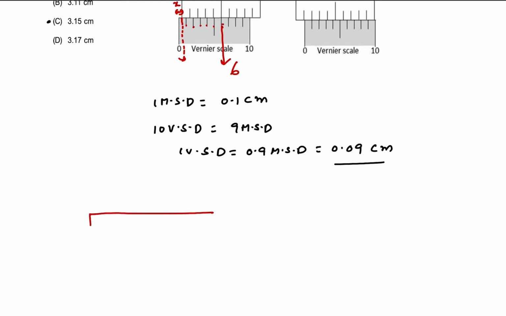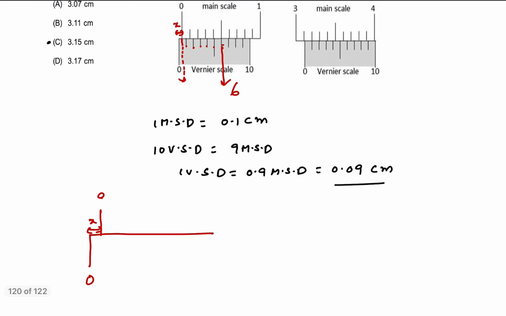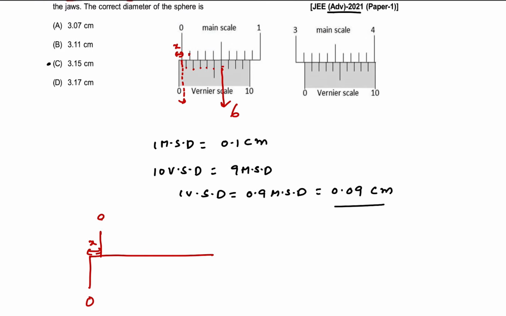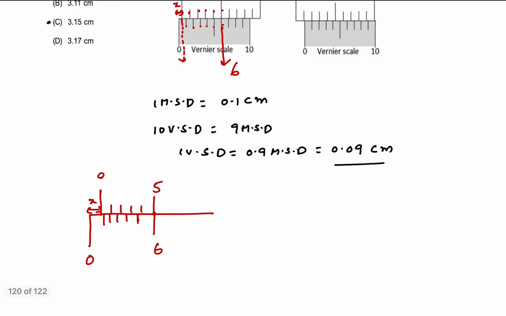I will draw the diagram here. This is my 0. This is actually 0 of the vernier scale, main scale, that is x. Now you can see how many divisions are there in total. 1, 2, 3, 4, 5. These 5 divisions are coinciding with some divisions. 1, 2, 3, 4, 5, finally the sixth division is coinciding.